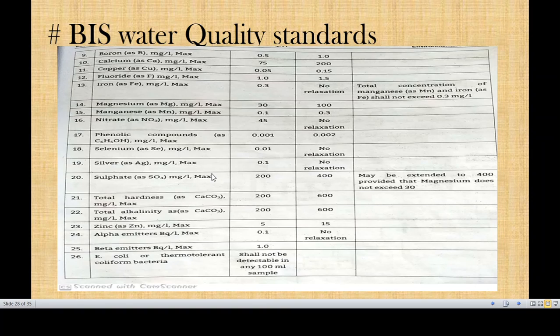Okay. At the same time, taste and odor are also tested, so that each and everything is tested in a proper format, so it becomes easy that water is then provided for human consumption.